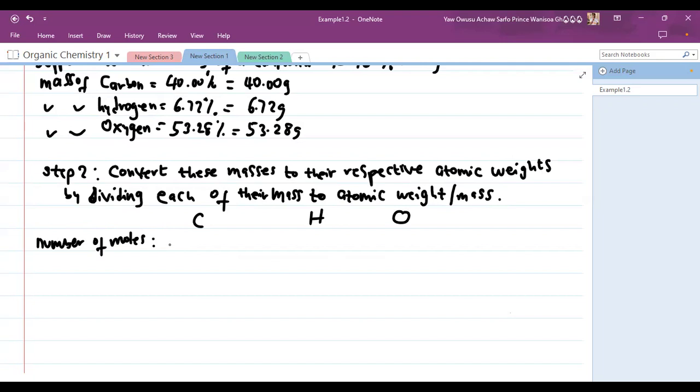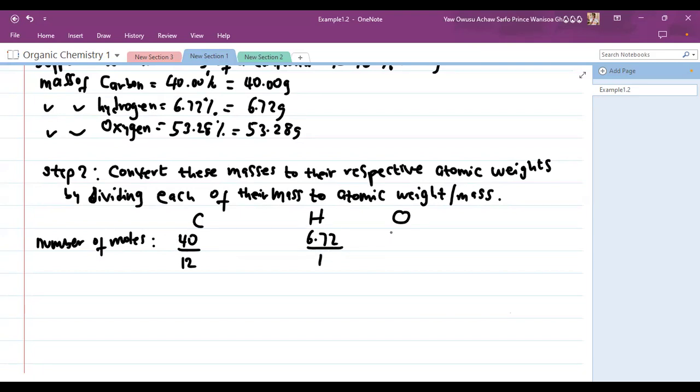So based on our calculation, the mass of carbon is 40 divided by the atomic weight of carbon, which is 12. The mass of hydrogen is 6.72, and our atomic weight is 1.